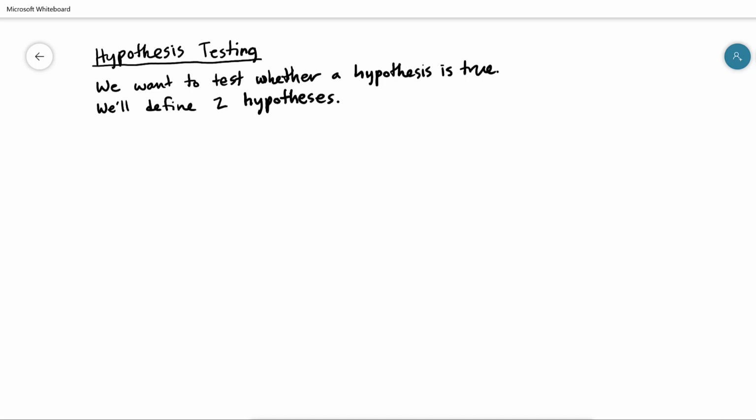So let me give you an example, and then we will define these two hypotheses in the context of the example. So let's say there's a restaurant, and they attract, on average, maybe 128 customers a day. A restaurant averages 128 customers per day.